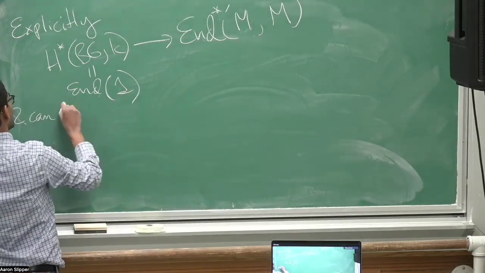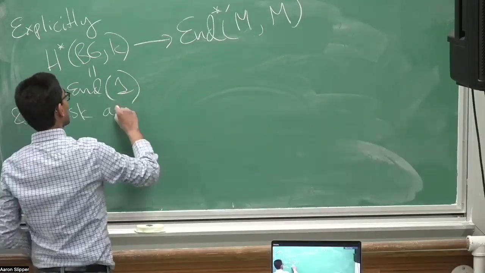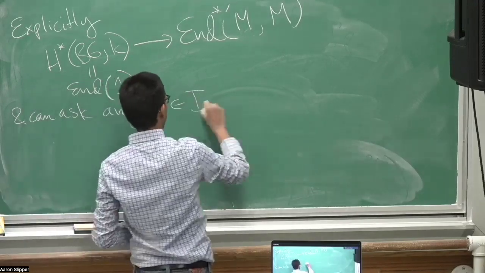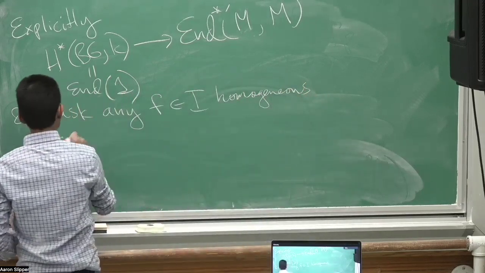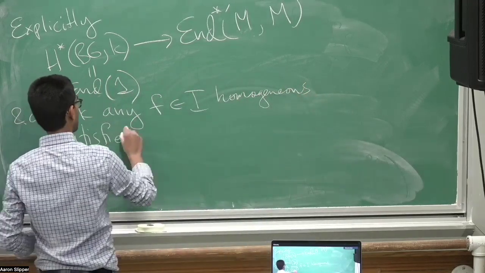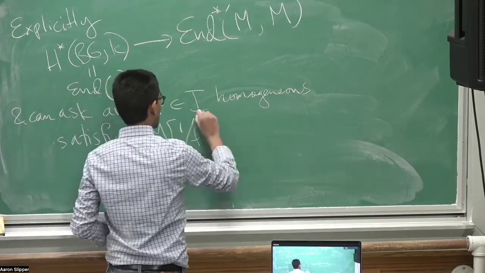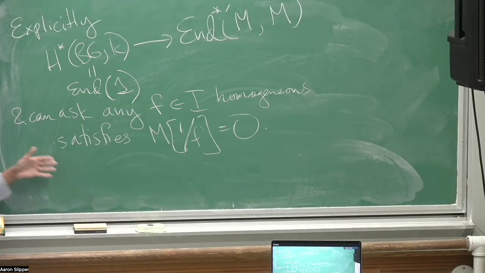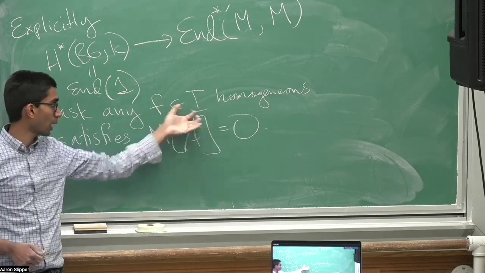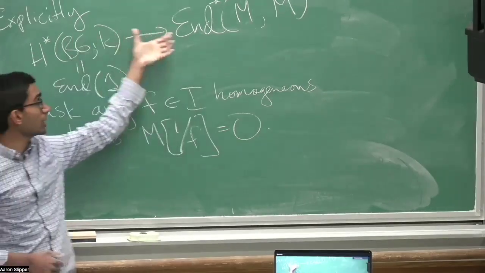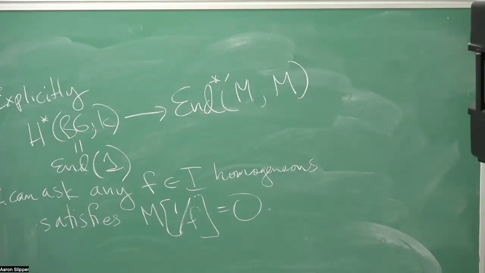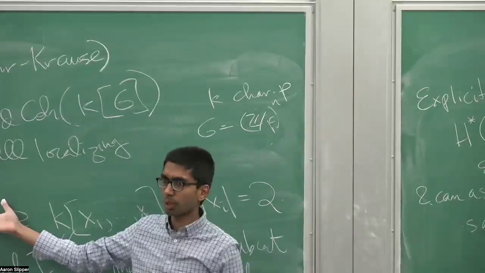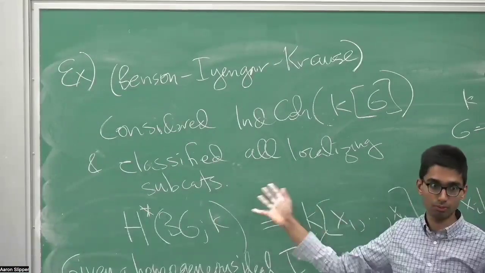You can ask that any f in I, which is homogeneous, acts locally nilpotently. So you define a localizing subcategory of ind-co of K brackets G, for this homogeneous ideal I, by requiring that any element of the homogeneous ideal is locally nilpotent on the cohomology. And so they prove that basically all localizing subcategories arise in this or sort of complementary forms.